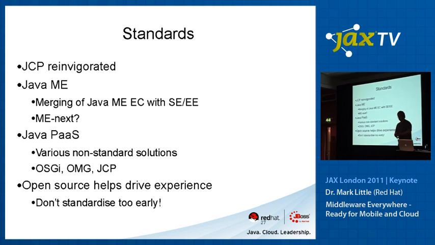So what about standards? As I said, we've been trying to reinvigorate the JCP. I think this has a benefit for cloud and mobile. We've been changing the way in which the JCP works over the last year or so.